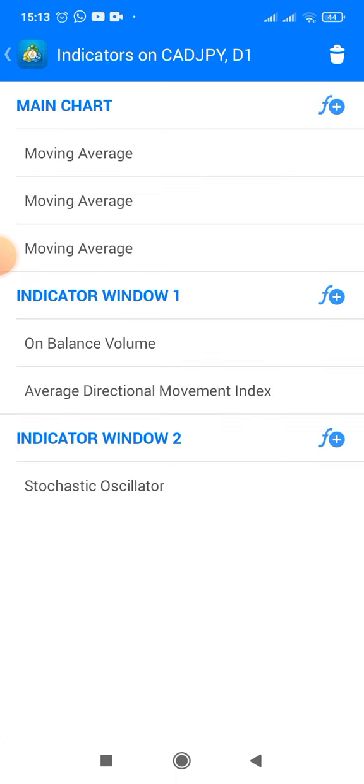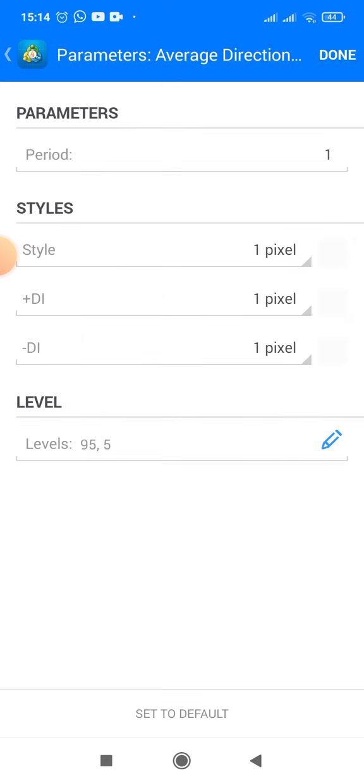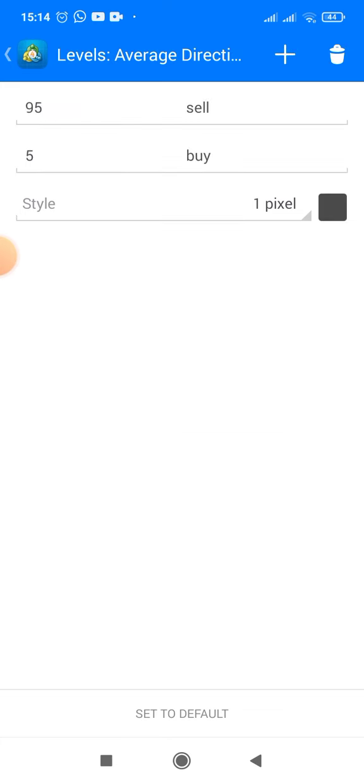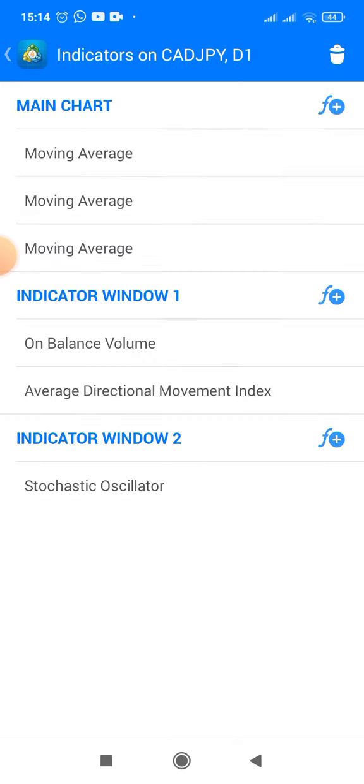Then we go to the Average Directional Movement Index. Period is 14, style is 1 pixel for the ADX line, plus DI and minus DI 1 pixel. The levels we are going to have are 95 and 5. Then we are done.